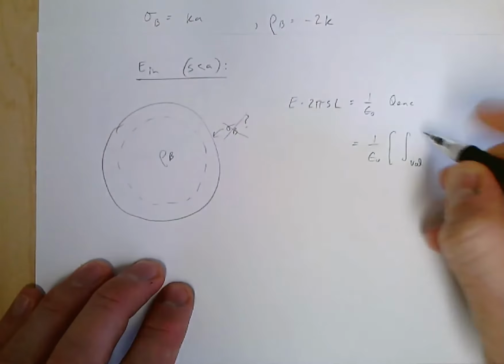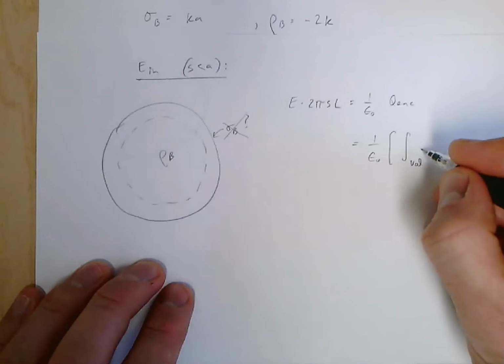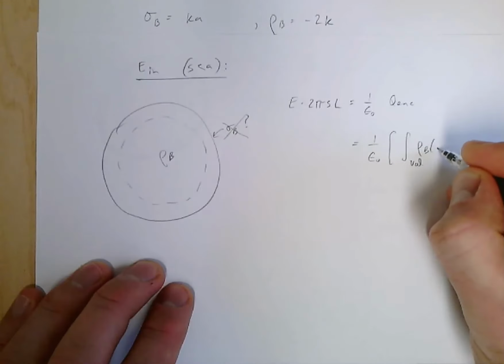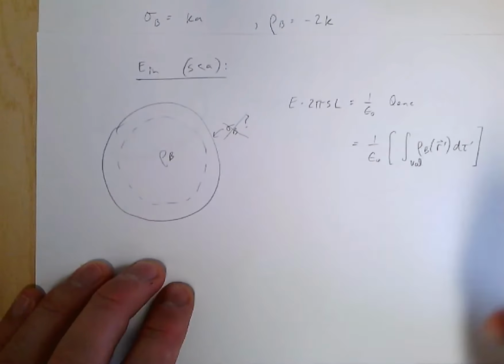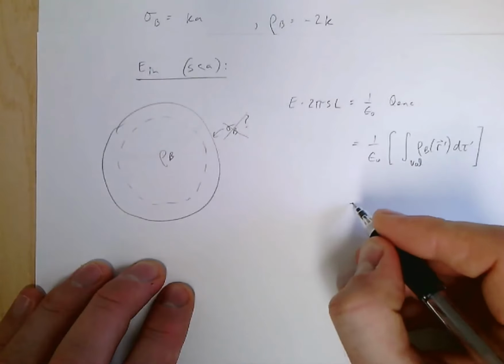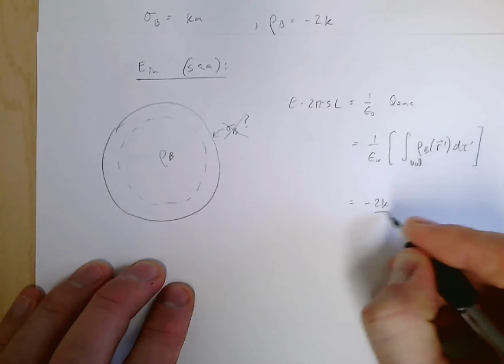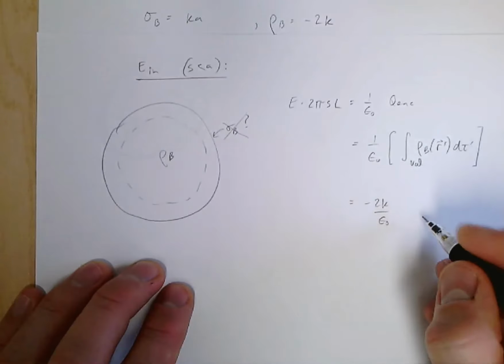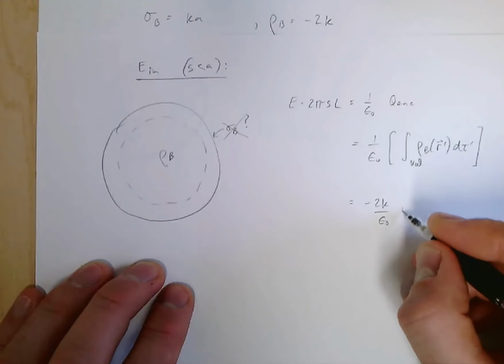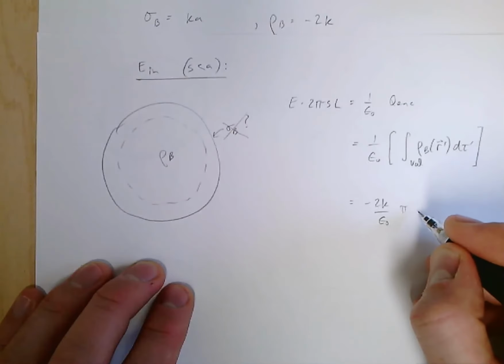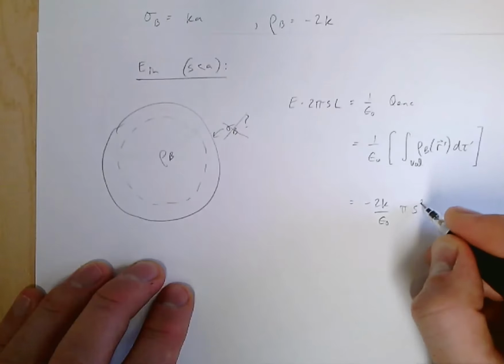I'm going to do a volume integral, a triple integral, of rho sub b of r prime, d tau prime. Bringing that outside, I have minus 2k over epsilon naught times my volume. The volume integral of d tau is going to be pi, not a squared, but s squared.